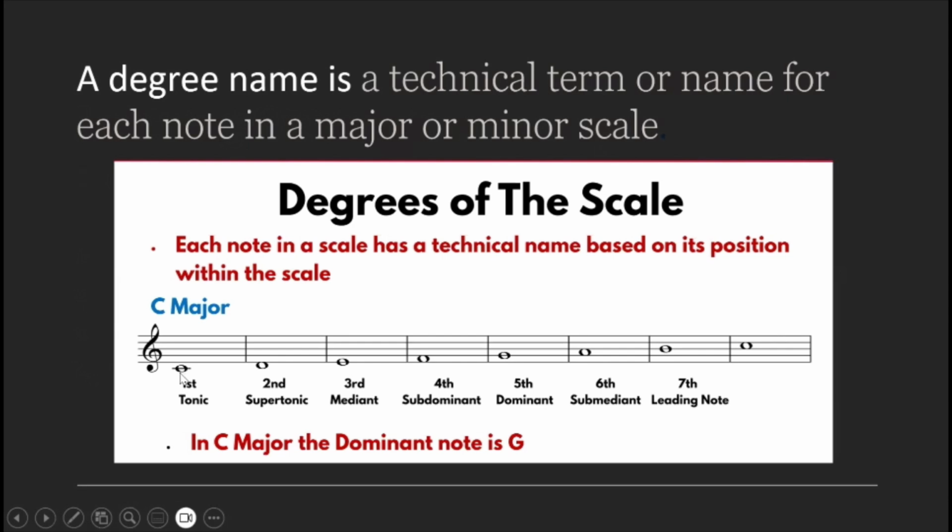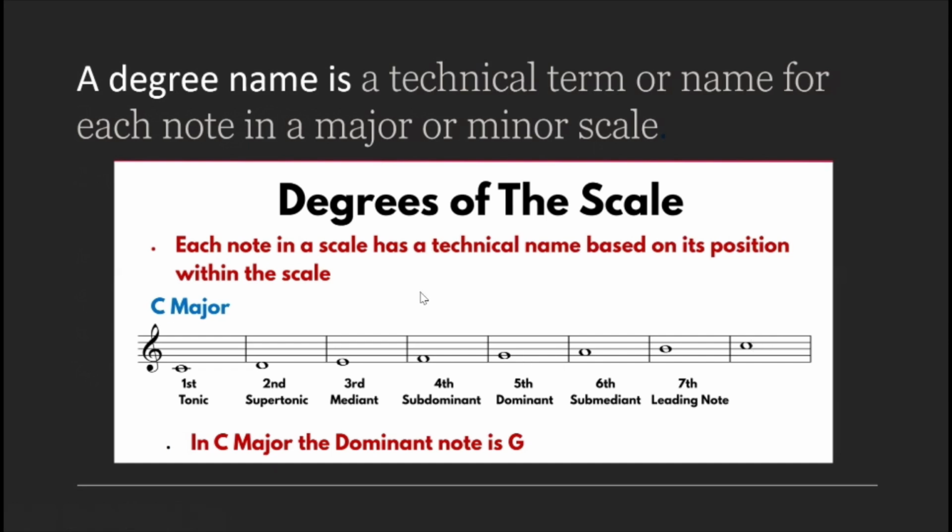If you have to transcribe these notes to solfa, what solfa notation would this note be? Do. This is do, correct? And this will be what? Re, mi, fa, sol, la, ti, and do at the end.